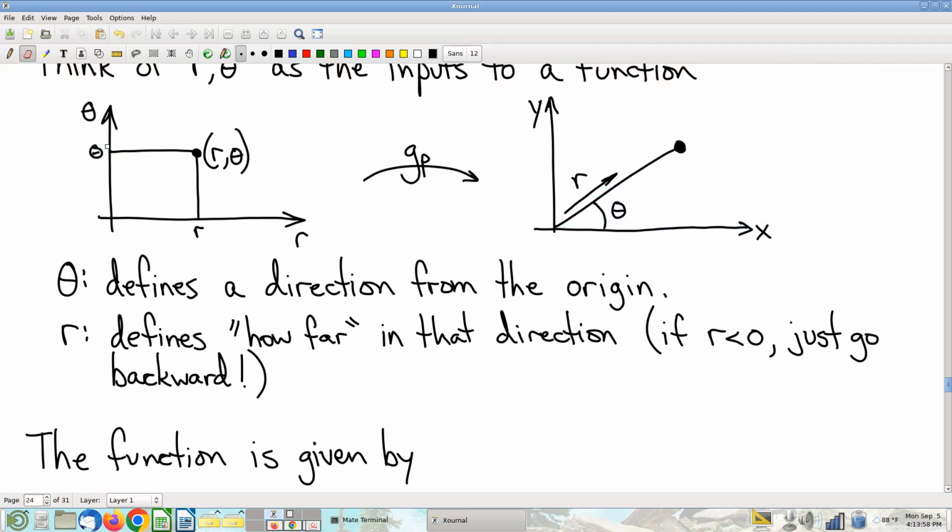Okay, so now how to find what is this function? What are the formulas? Given an r and a theta, what point do I get? And in particular, what are the x and y coordinates of that point? Well, it's a trig thing, and I hope you all remember your trig. Remember, trig is a prerequisite for this course. We're going to use a lot of trig in many places, this being one small example.